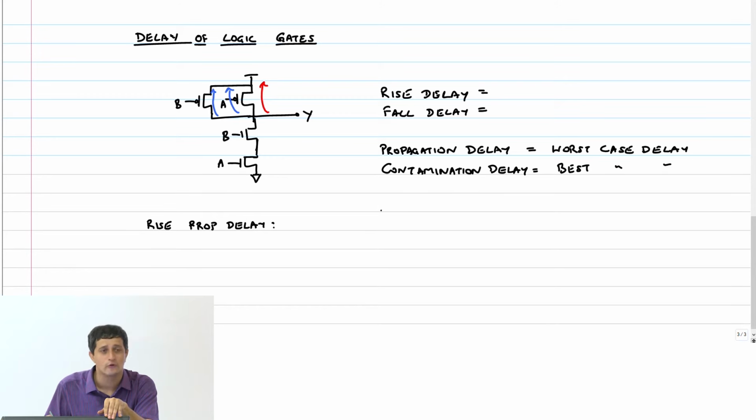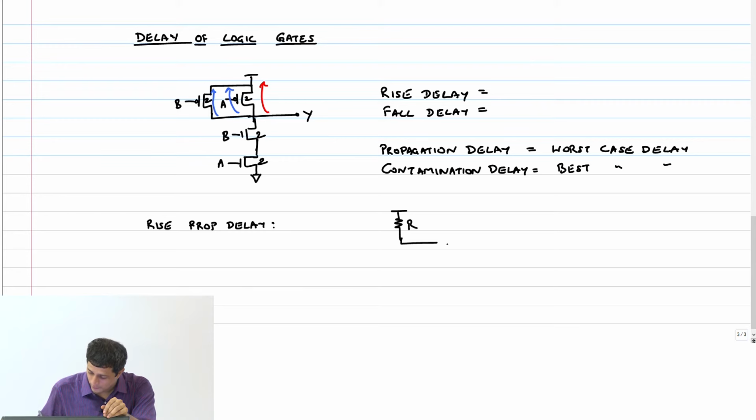So what's the equivalent RC circuit first for this? Yeah, rise propagation delay. There is just one resistance R, right? Our size of course is 2, 2, 2 and 2, right?